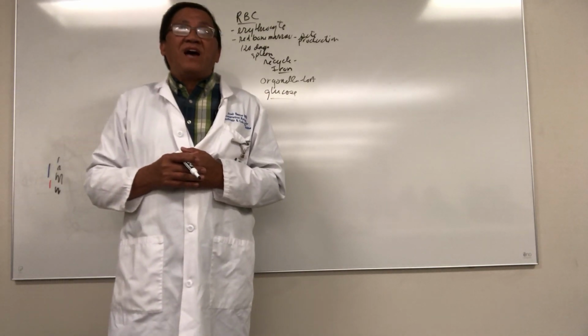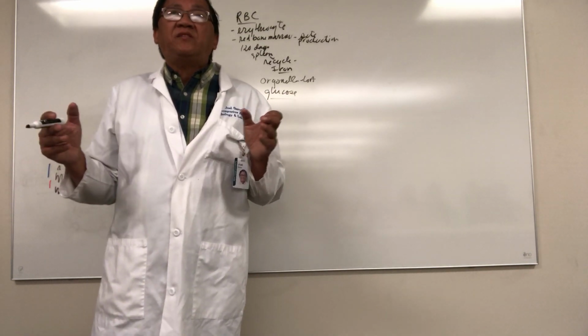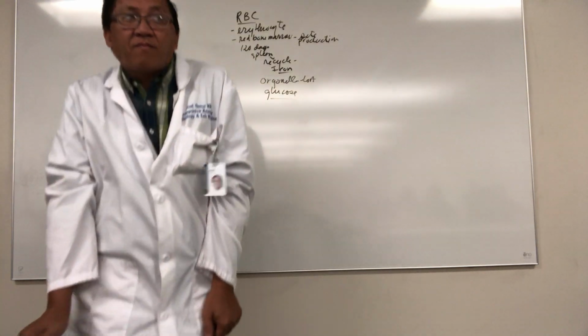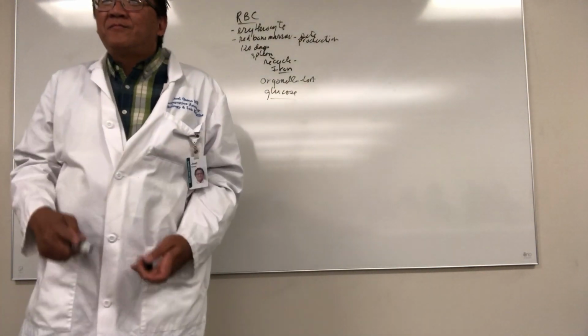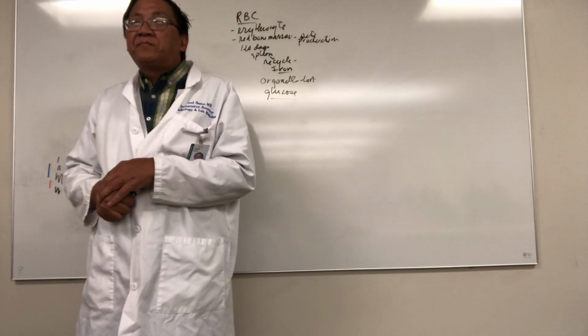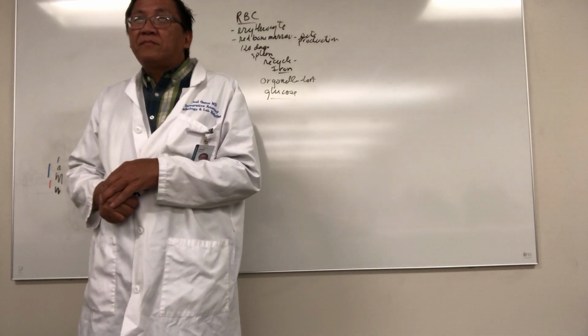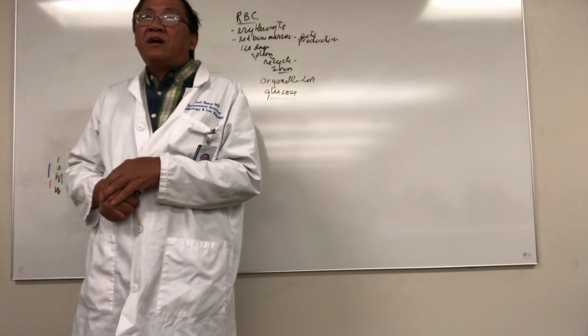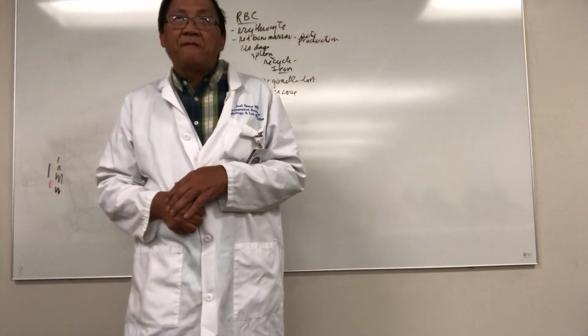Now the reason why it has to lose the organelles is so that it will be easy for it to what? Travel within the blood as it travels to the capillaries. Remember? You remember, okay? The capillaries are the smallest blood vessels, right?